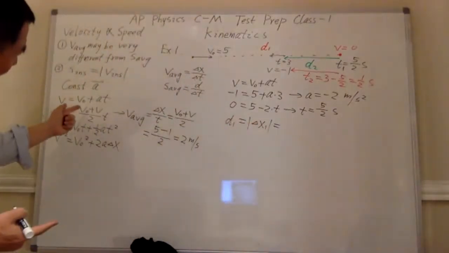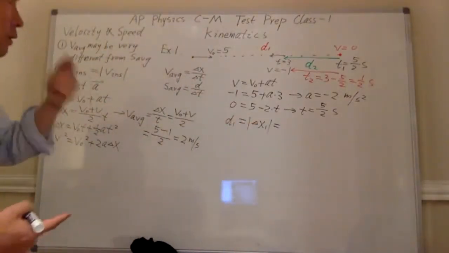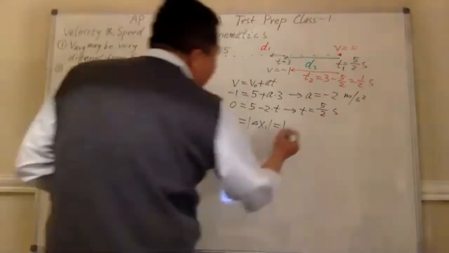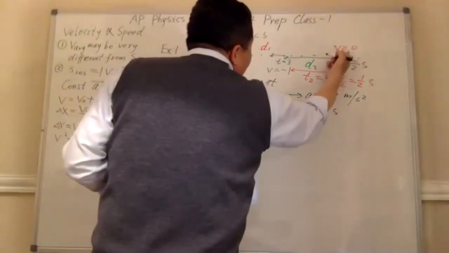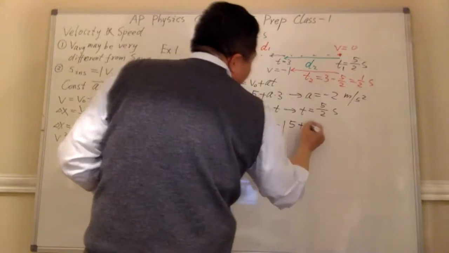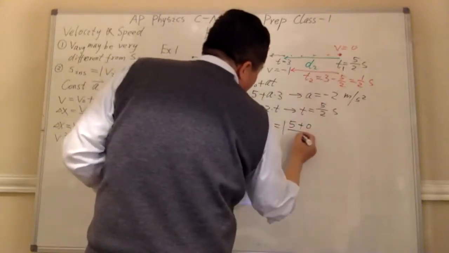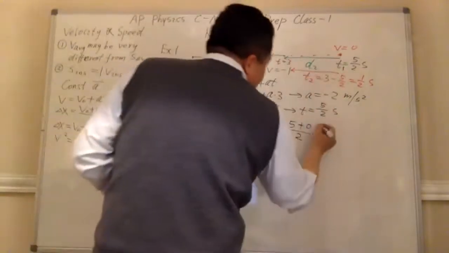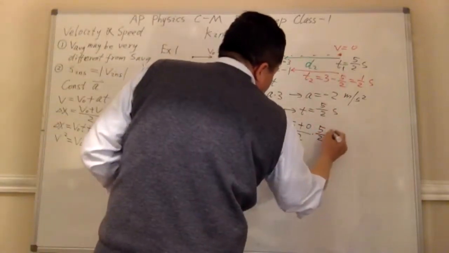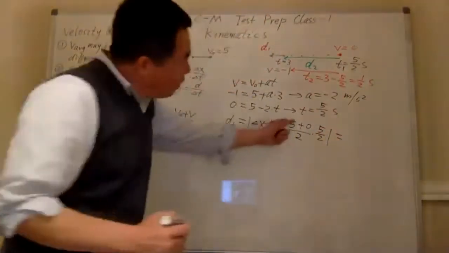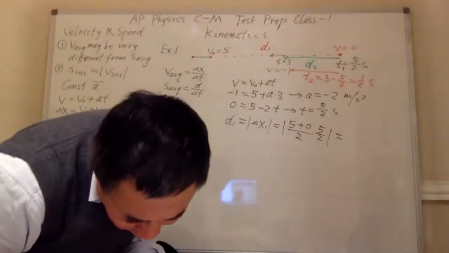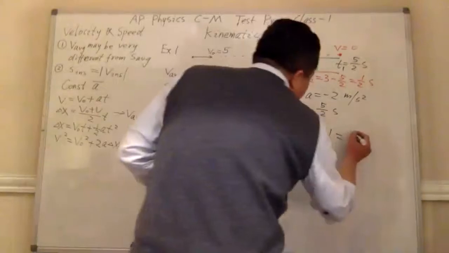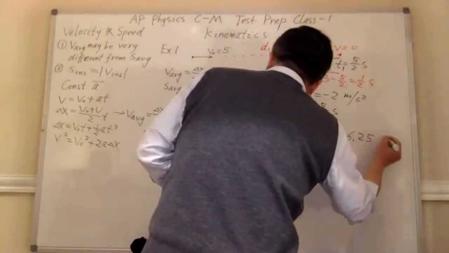Then I get v naught plus v, multiplied by t. V naught is 5, and at this point v is 0, then divided by 2. Then t, from here to here, is 5/2. Then I get 25/4, which is 6.25 meters.